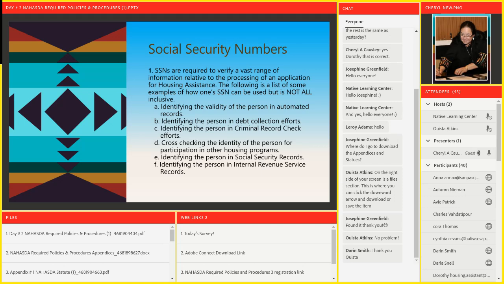For identifying the validity of the person in an automated record, identifying the person in debt collection efforts, identifying the person while you're running that criminal record effort, cross-checking the identity of the person for participation in other housing programs, identifying the person in your social security records and for payment, or identifying the person for Internal Revenue Service records if you're pulling down your wages and your income that way.